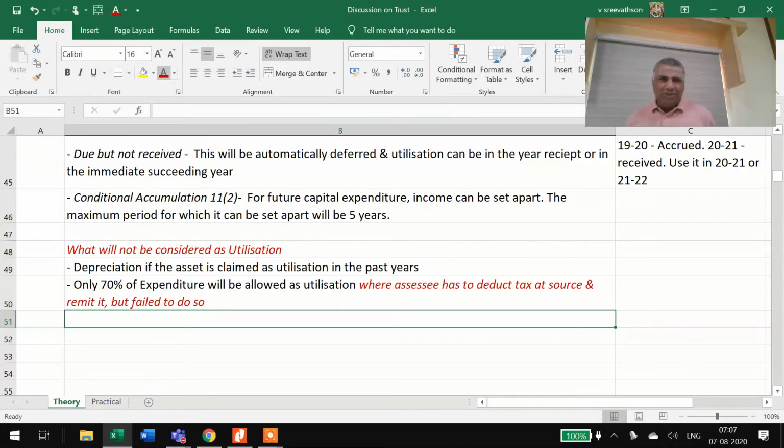So again, like PGBP, there I will disallow 30%. Here I will only allow 70%. I paid 1 lakh to the auditor of the trust without deducting tax at source. Only 70,000 will be considered as utilization. The remaining 30,000 will not be considered.